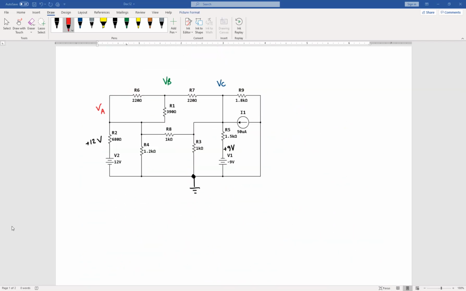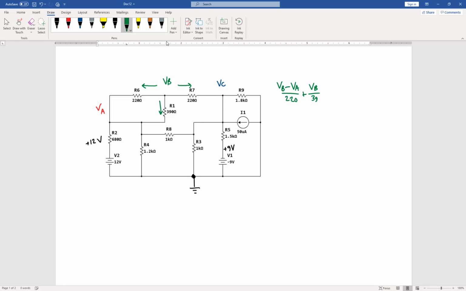Alright, so I have the circuit cleaned up now. I'm going to start doing the second node, VB. So VB is going to have 3 currents, one going to the left, one going down, and one going to the right. So starting with the one going to the left, goes the one going down.